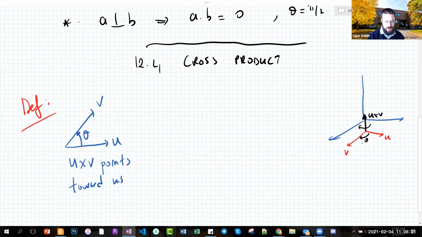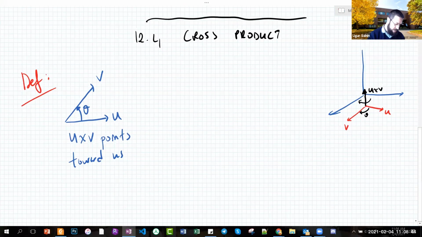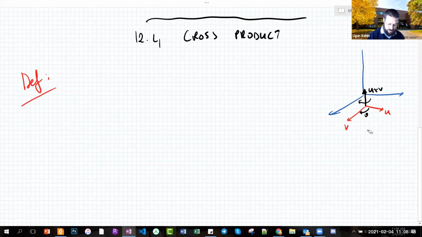Of course, those vectors don't need to be in the XY plane. It is just an example. But when we put those two vectors in the same plane, the cross product is going to be the perpendicular vector to that plane. So now I'm going to give you the official definition.